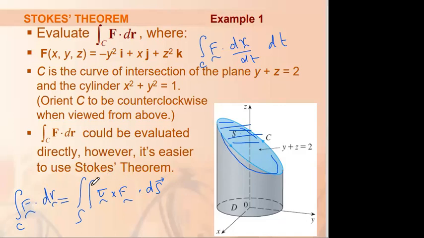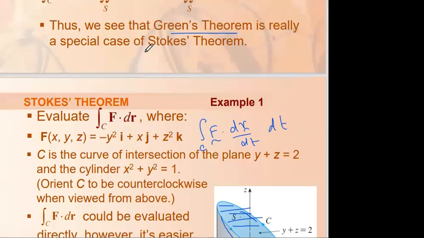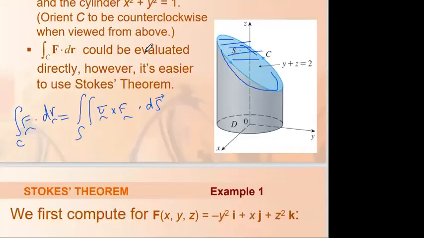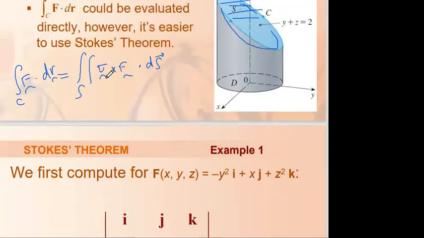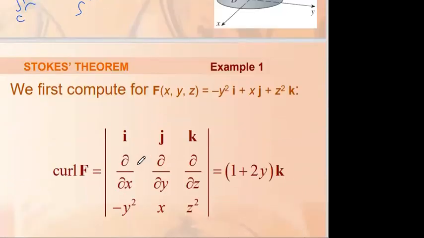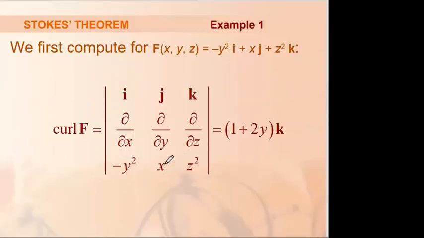First of all, let's compute this bit. I don't have space here. So here we go. I compute the curl because I want to find this bit first. The partial with respect to x, y, z, and put your field here: x component, y component, and z component, and simplify.